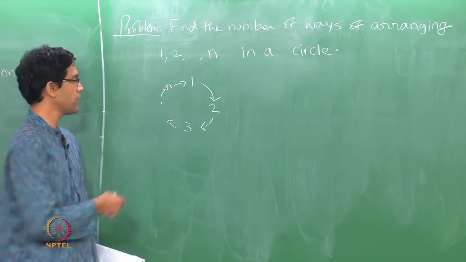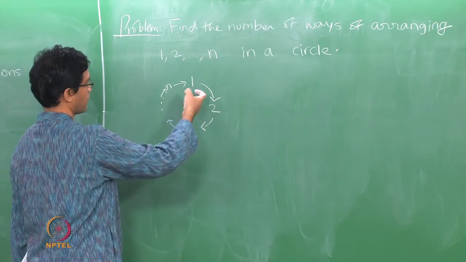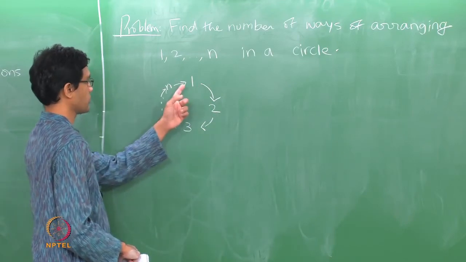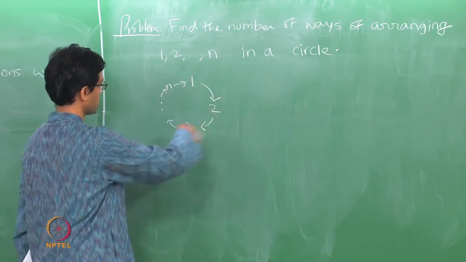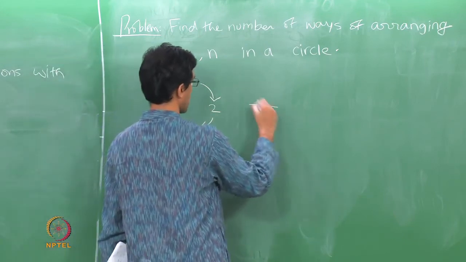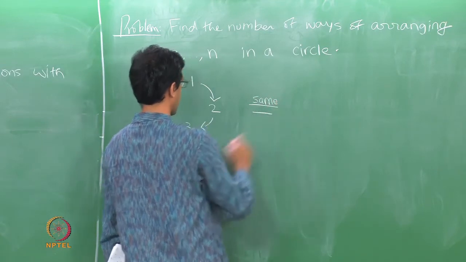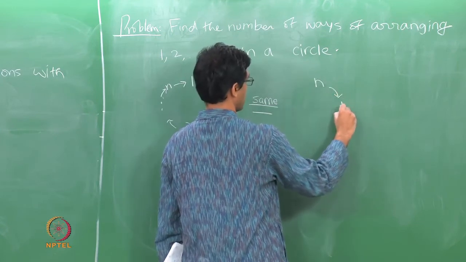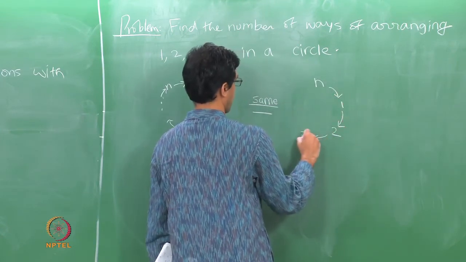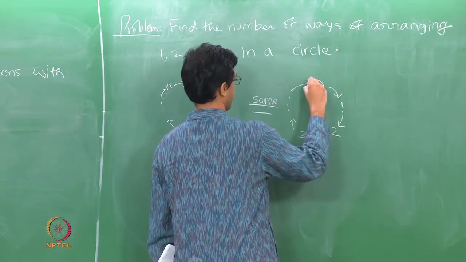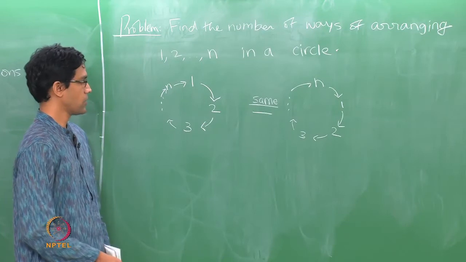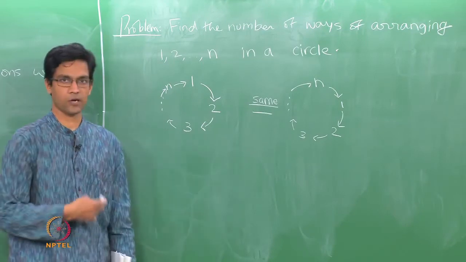What matters is only what's to the right of the 1 and what's to the left of the 1, not so much where 1 is sitting. So for instance this arrangement here I will think of as being the same as the arrangement in which everything is rotated say by 1 unit, say the n comes to the top and then the 1, the 2 and so on. This arrangement is the same as the arrangement in which the 1 is at the head of a table. Okay. So now this is the usual thing of circular permutations.